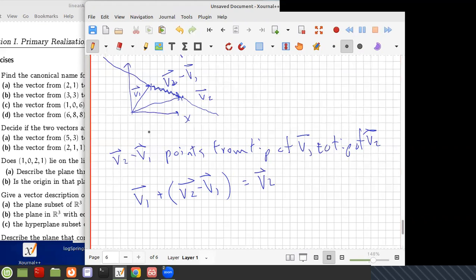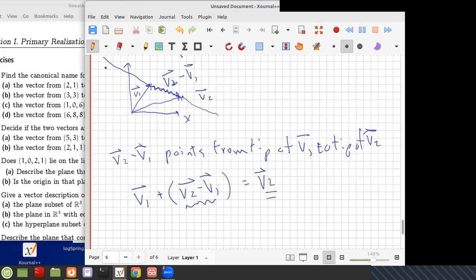So if I add this vector to this one, the rule is I write down V1, put the tail of this vector on the tip of this, and it's going to go to the sum of V1 plus this. Well, where is that vector? Well, it's V2. So just by the construction of what you mean by plus here, this vector is the vector that's going along the line between the 2 points.